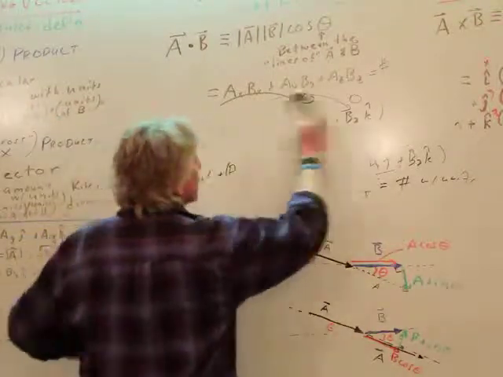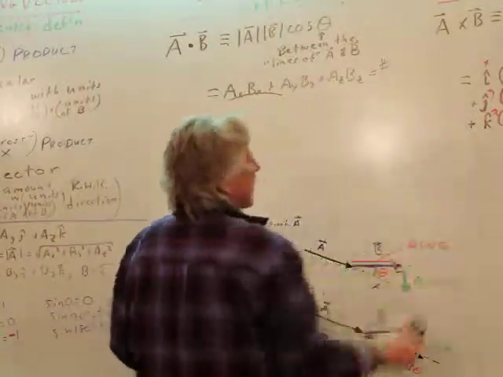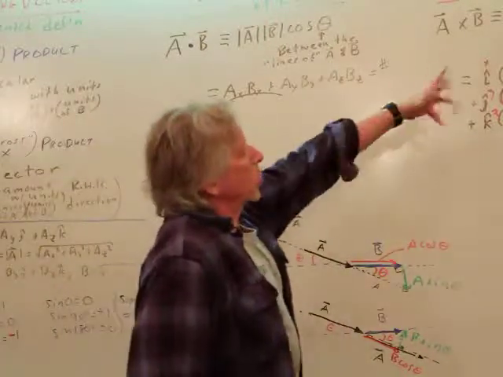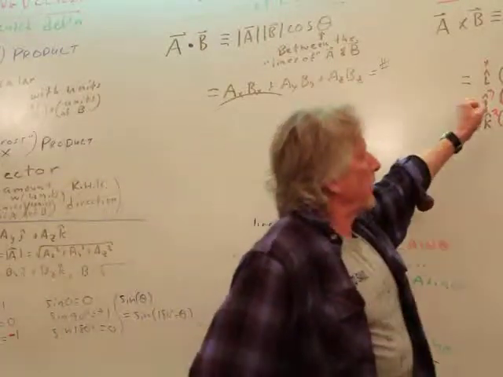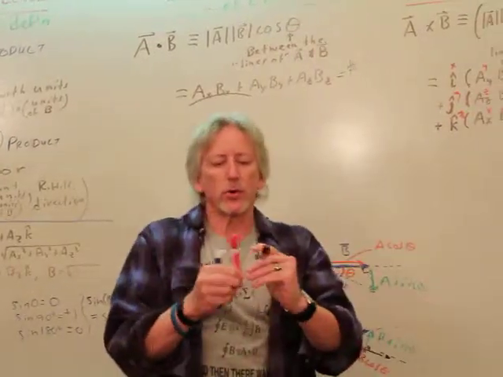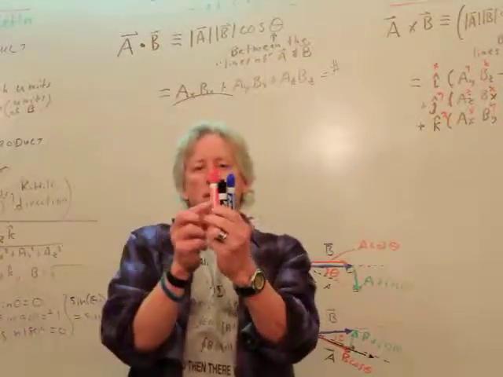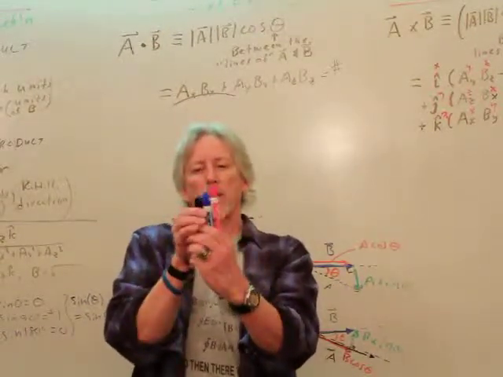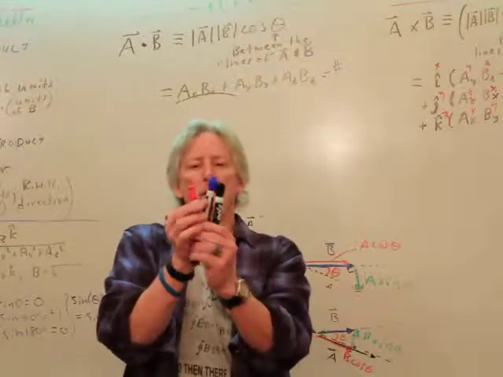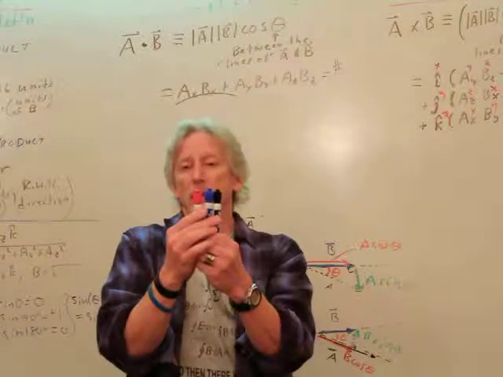So now we're going to go over here real quickly and accept this definition for the directions. There's something called permutation, which means to change the order of, so I can permute these cyclically, round and round and round, or I can flip two of them and get them out of order.